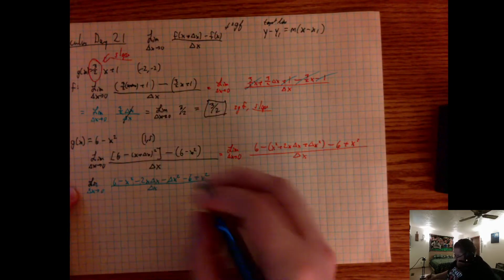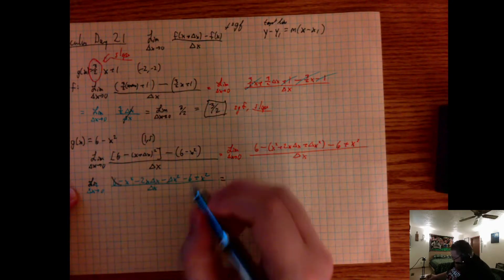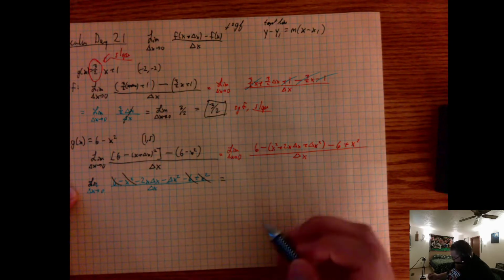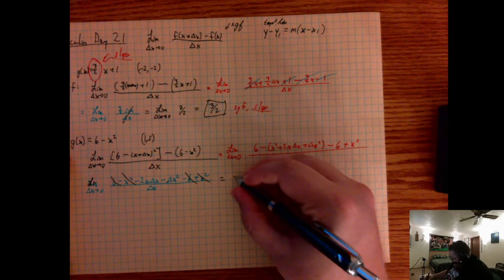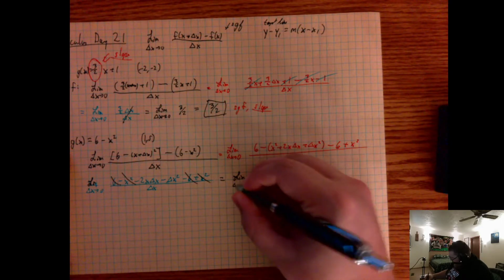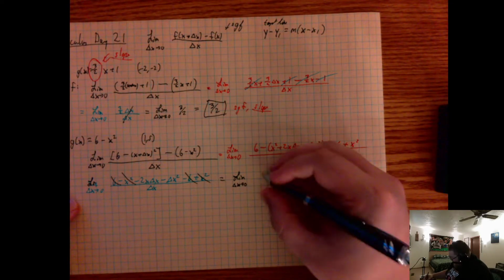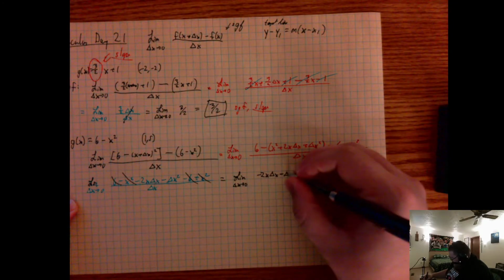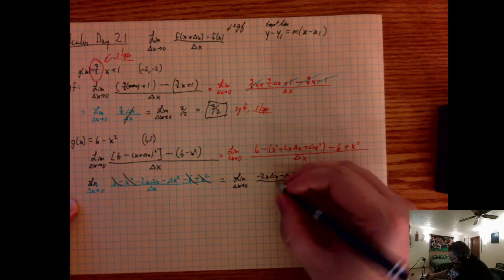Now, I can see that some of these pieces are going to cancel. The positive 6 and the negative 6, the negative x squared and the positive x squared. This would leave me with the limit, as delta x approaches 0, of negative 2x delta x minus delta x squared all over delta x.